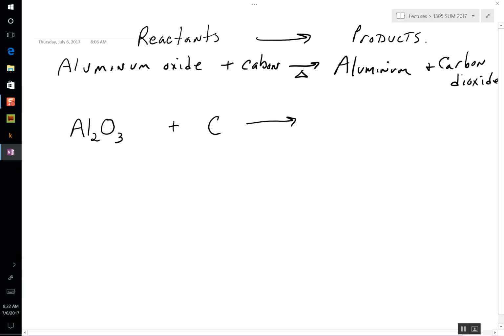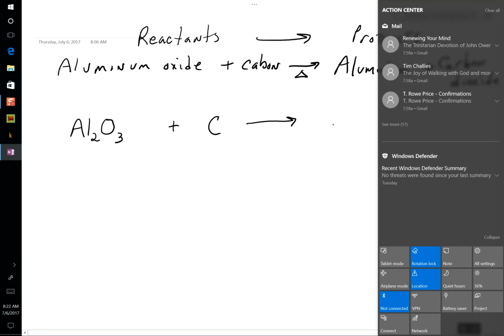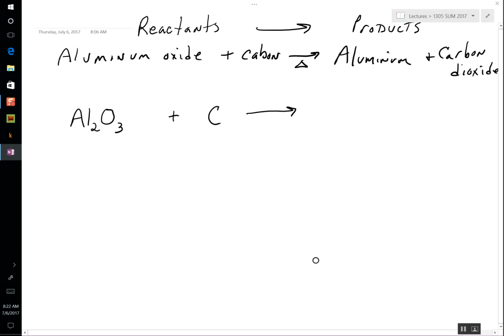All right? The aluminum is Alcoa's product. That's what they sell. Sell it by the ton. So they get aluminum, they get elemental aluminum, and carbon dioxide. What is carbon dioxide?